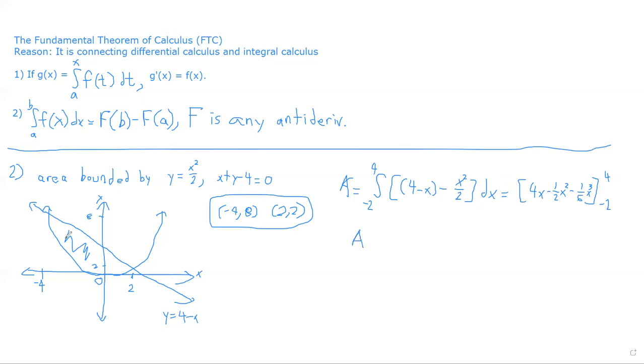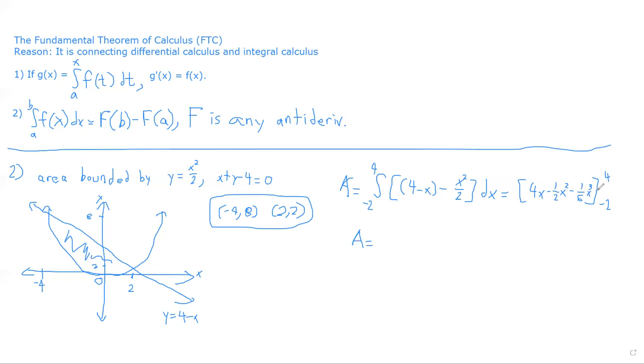The shaded area, where I did not very neatly shade, looks like a French mustache. Maybe that's a good idea for a video. Actually, hold that thought. Okay, so from negative 4 to 2, this is the antiderivative.